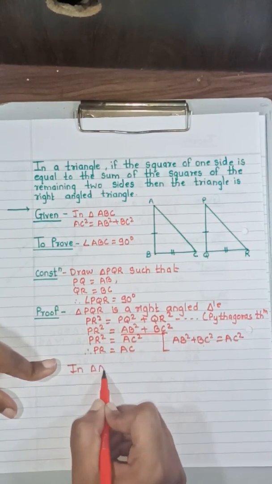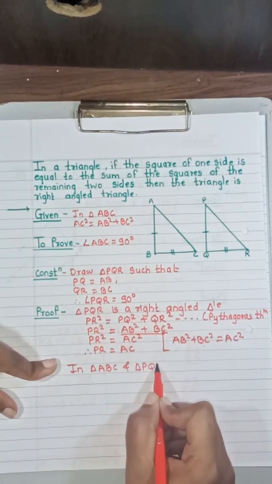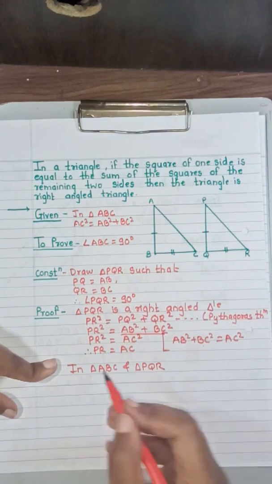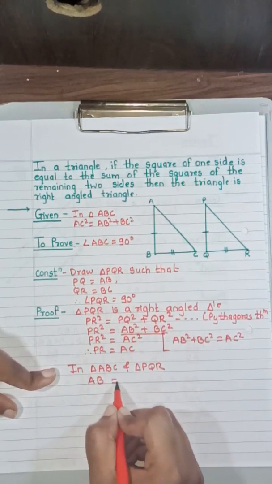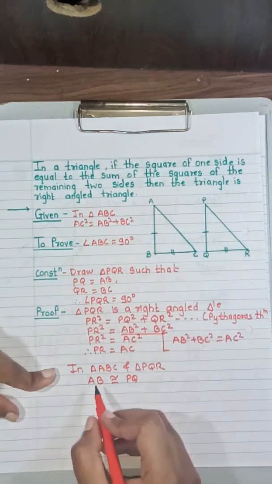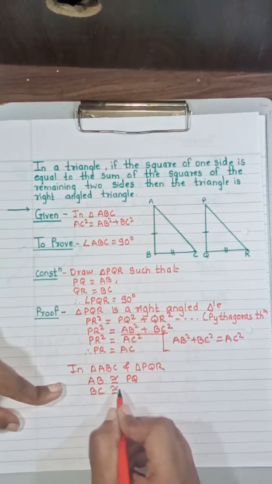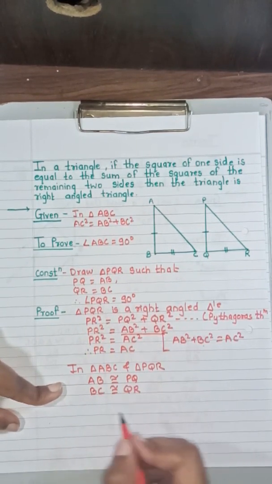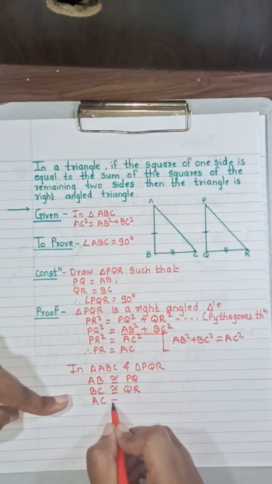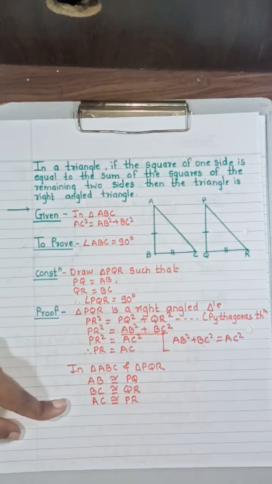Now we'll consider triangle ABC and triangle PQR. You know that AB is congruent to PQ. Secondly, BC is congruent to QR. And you also know that AC is congruent to PR. Now you can see all the three sides are congruent.